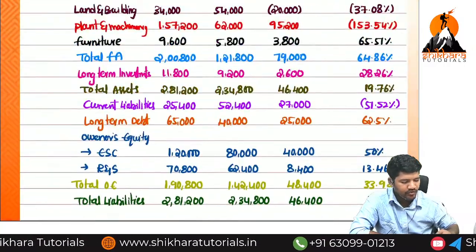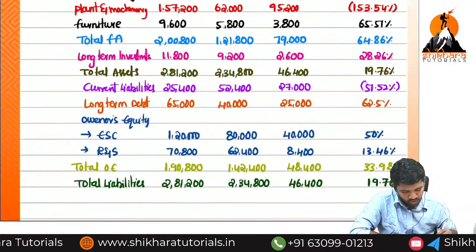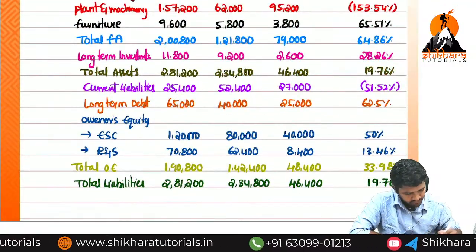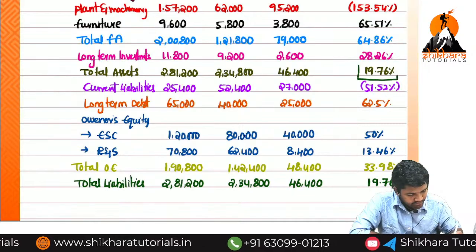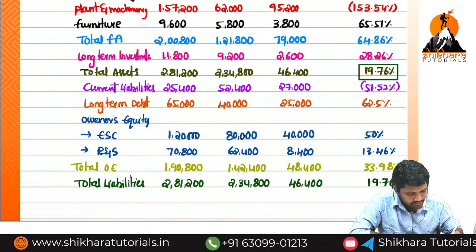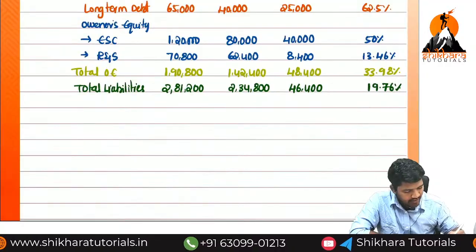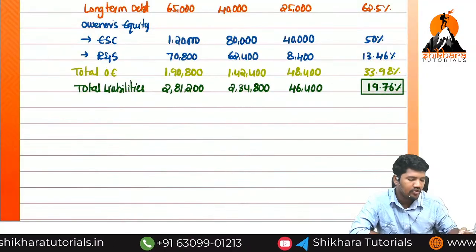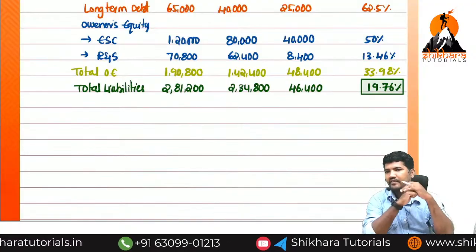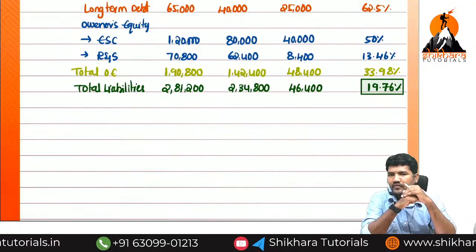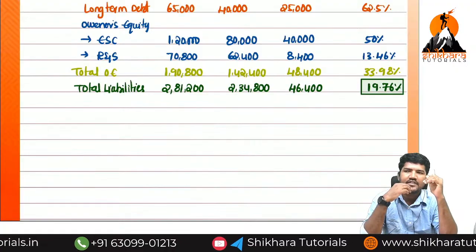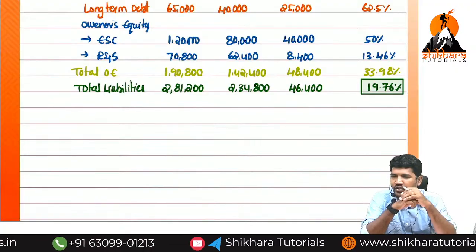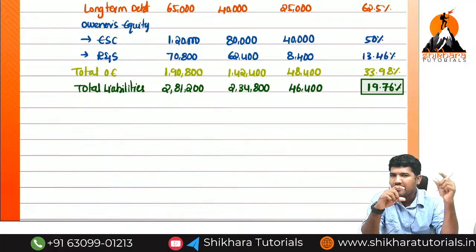19.76%. If you compare with the total assets, 19.76%. Current liability, total liability also 19 point. If this effect is not the same, your balances will not be equal. If the liability effect is not the same as the asset effect, your total assets value is different, total liability value is different.